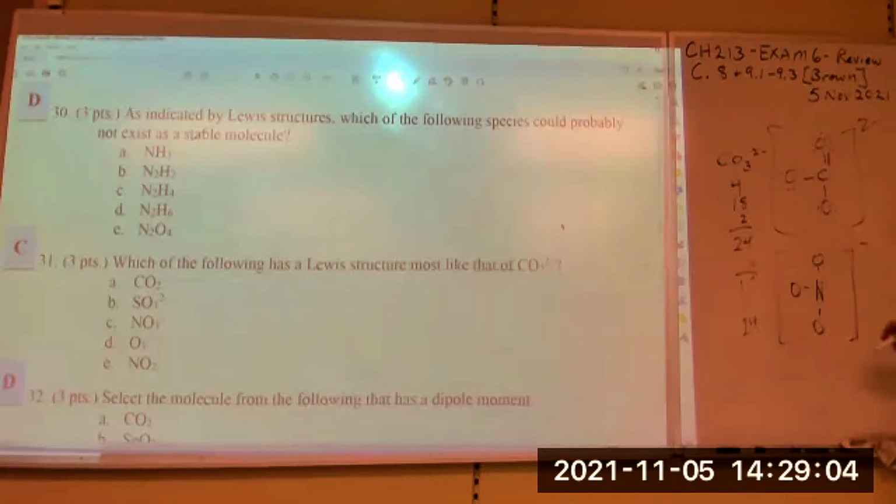I think we got a good candidate here. So it's 2, 4, 6, 8. 3 times 8 is 24. We're good there. Then we have to make an octet. Okay. NO3 minus looks like CO3 2 minus. That's our answer.